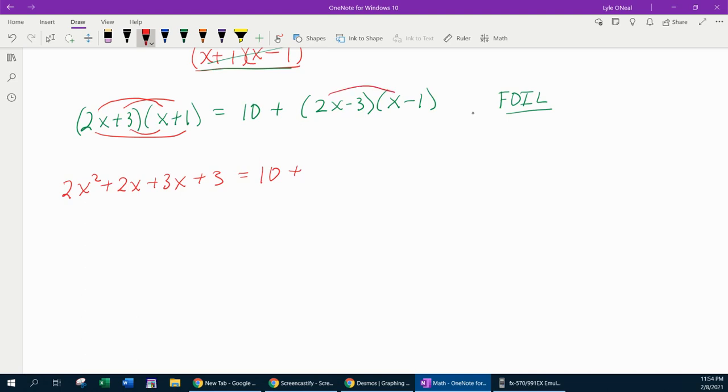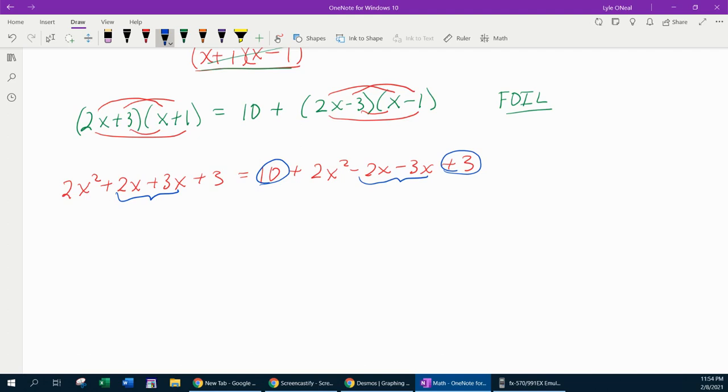Here we go. First, 2x times x gives me a 2x squared. On the outside, negative 2x. On the inside, negative 3x. Last but not least, negative times a negative makes a plus 3. And now we're going to combine like terms. Oh, and these guys right here, the 3 and the 10.